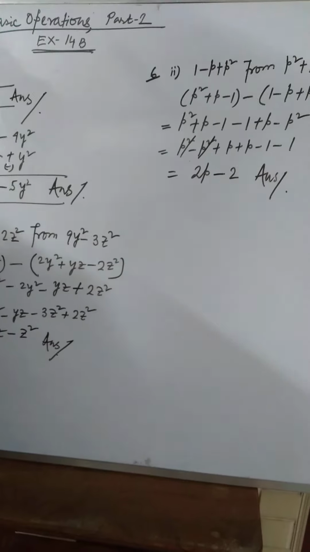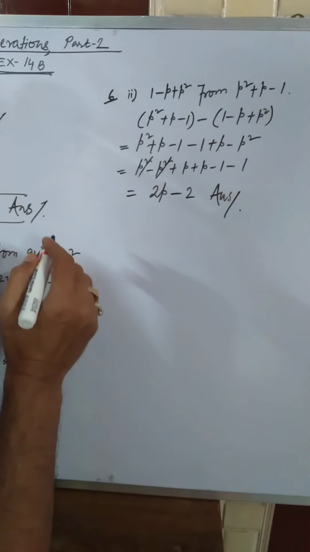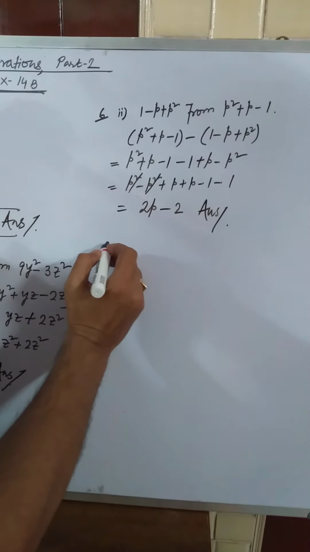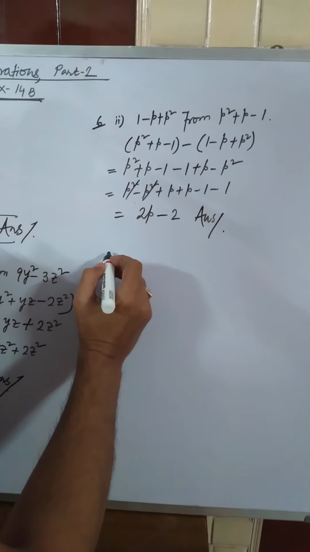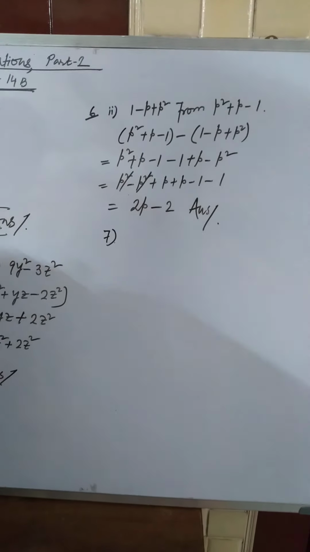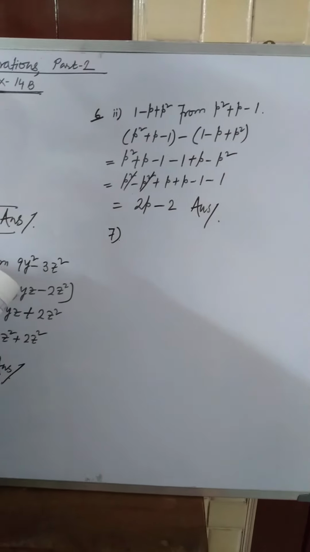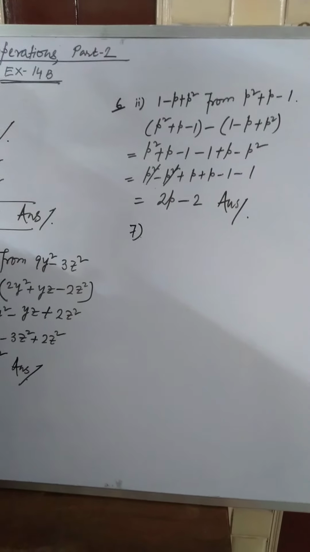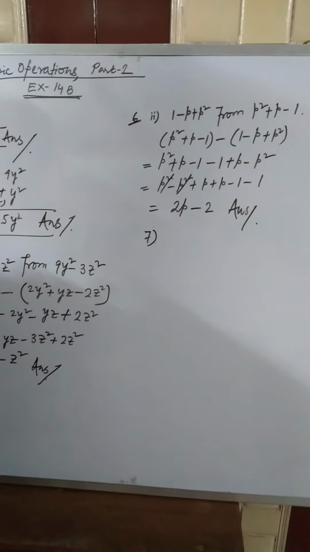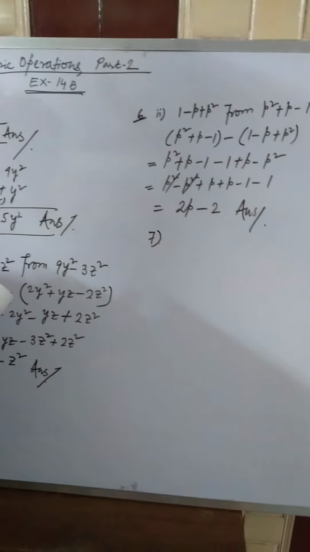Now come to the last question for today's discussion. It's a multiple choice question, MCQ. So 4 options are there. The question is, what should be added to 4c square minus 3b square plus 1 to get a square plus b square plus c square?